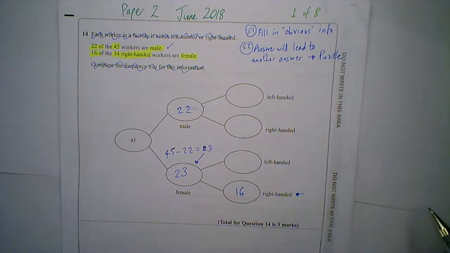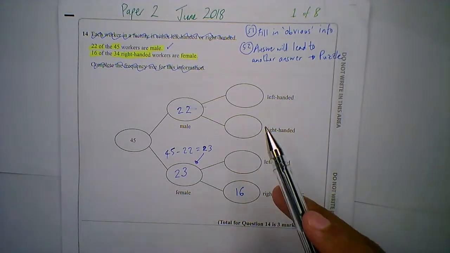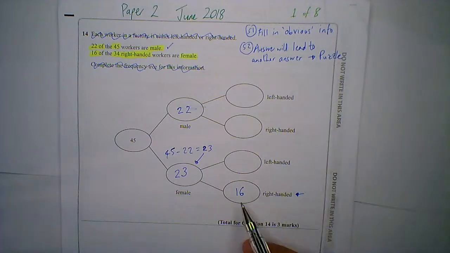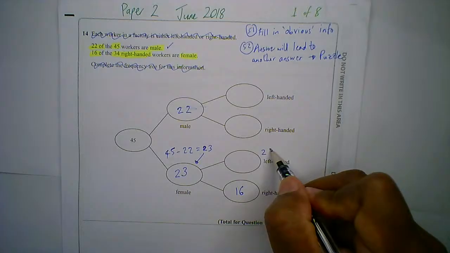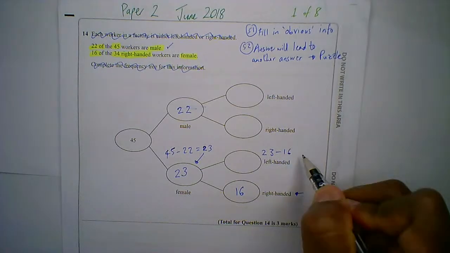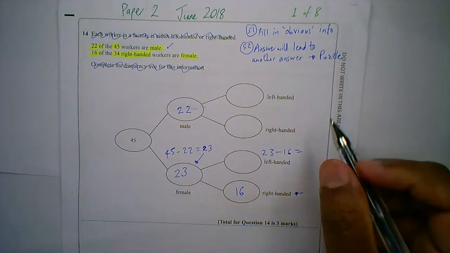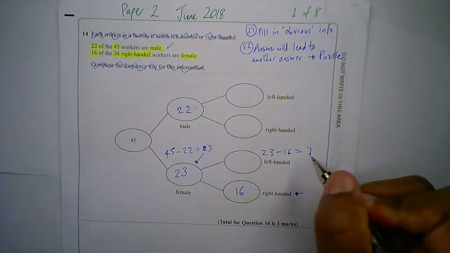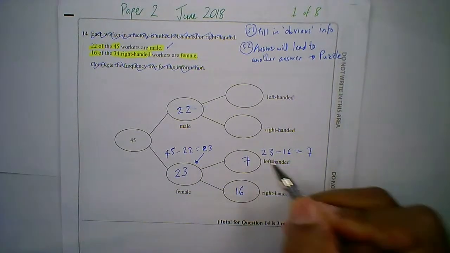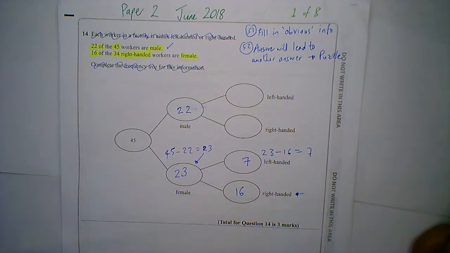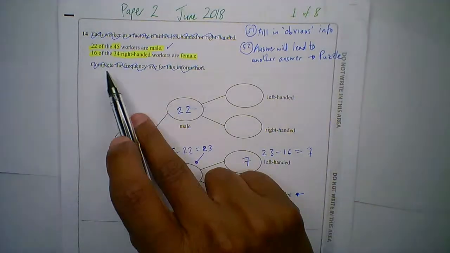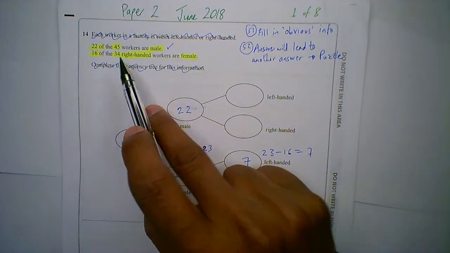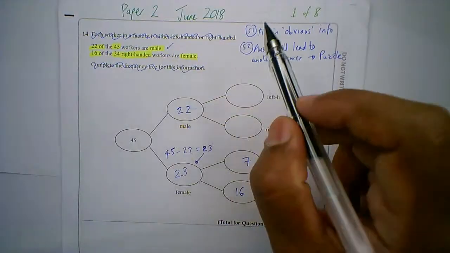Okay, so now you can see our step 1, step 2: one answer leads to another. So now if this is 23, this box becomes 23 take away 16. That gives us 7. And now we can go back to the other information, which is that 34 are right-handed.